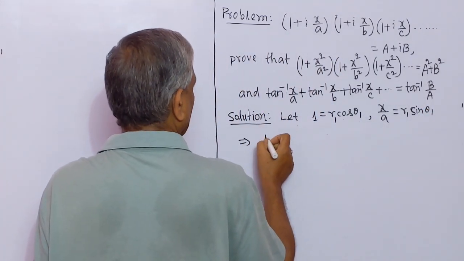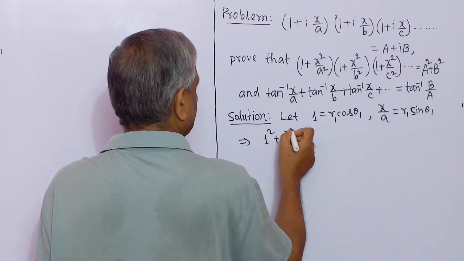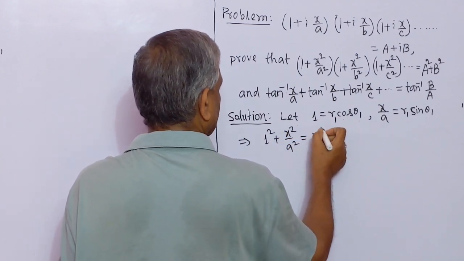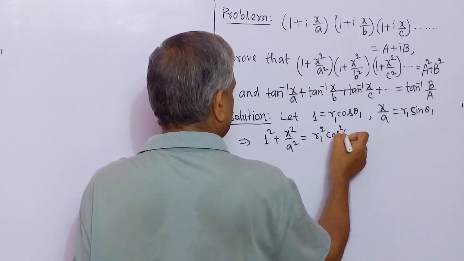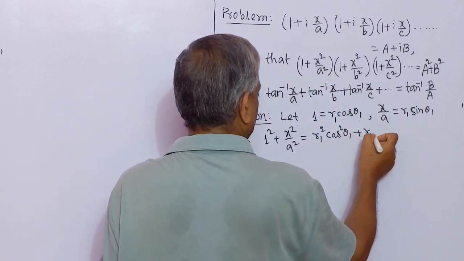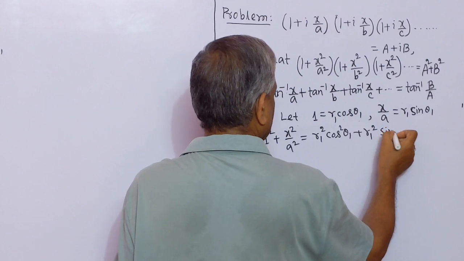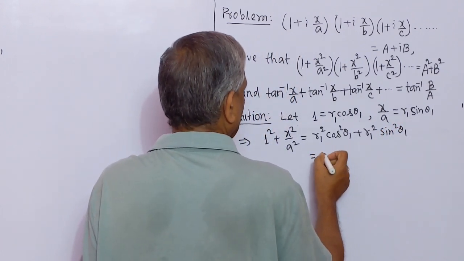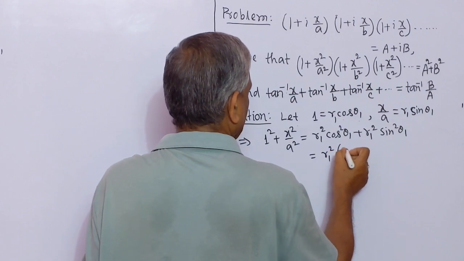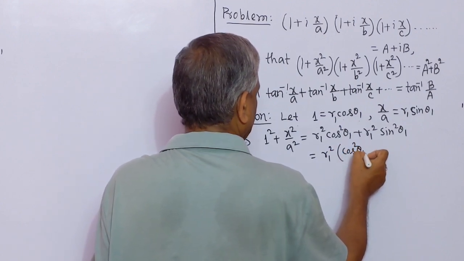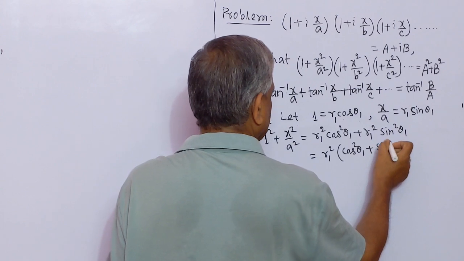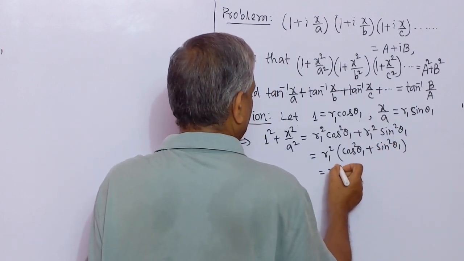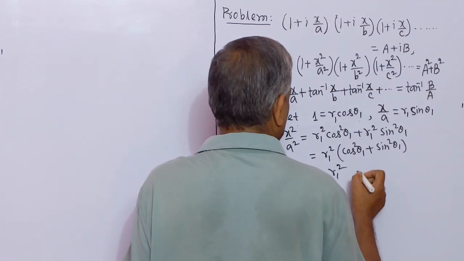It implies that 1² + x²/a² = r1² cos² theta 1 + r1² sin² theta 1, and this equals r1² (cos² theta 1 + sin² theta 1), and this is equal to r1². Let this be number 1.